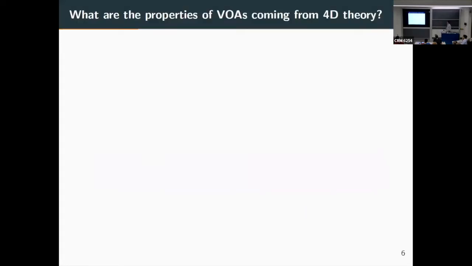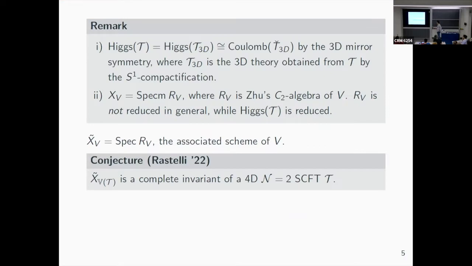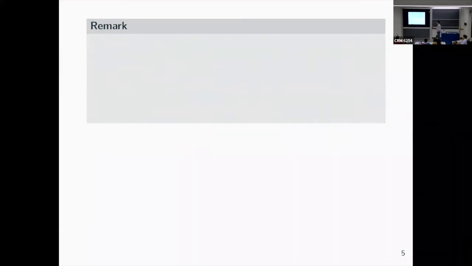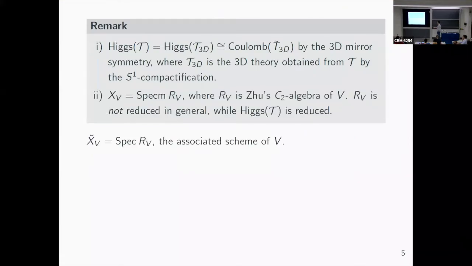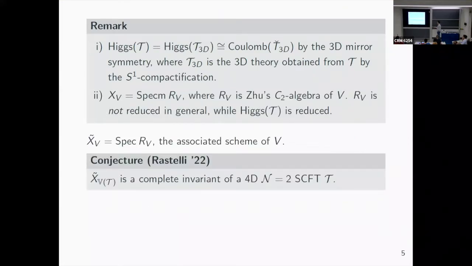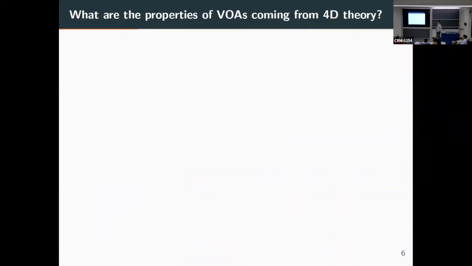Okay, and so as I said, the map from 4D theory to VOA should be injective. So it's natural to ask what characterizes the image.